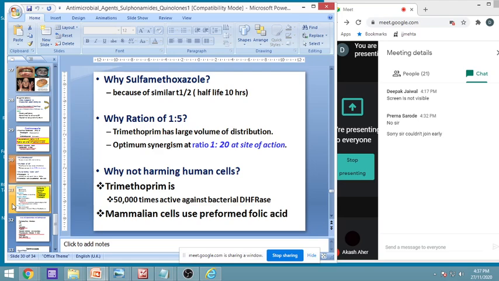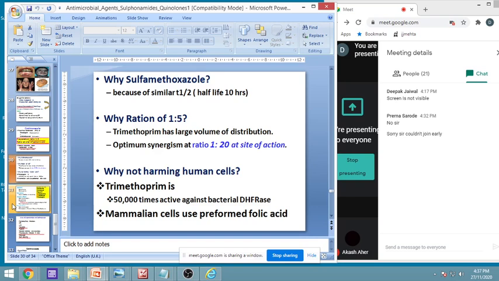Whenever there is such a fixed dose combination, they should match the half-life. What will happen otherwise? If one is having a 3-hour half-life, other is having a 7-hour half-life, then one drug will be excreted out of the body. This is basic pharmacokinetics, which you should understand. So if it is removed from the body in 3 hours, the other will remain in the body for 7 hours.